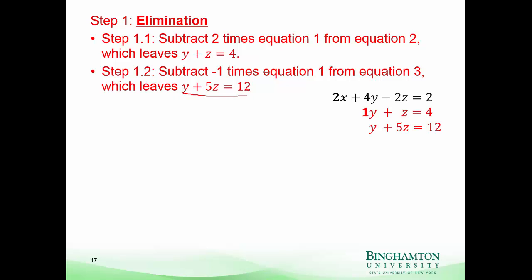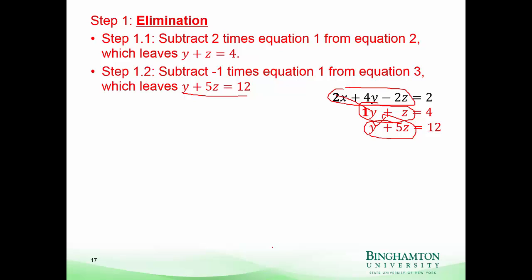And so there's our form. Still not upper triangular yet. But that's fine. This is fine because the 2 and the 1 are on the diagonal. But this is not right yet. We need to get rid of that y. It's below the diagonal.